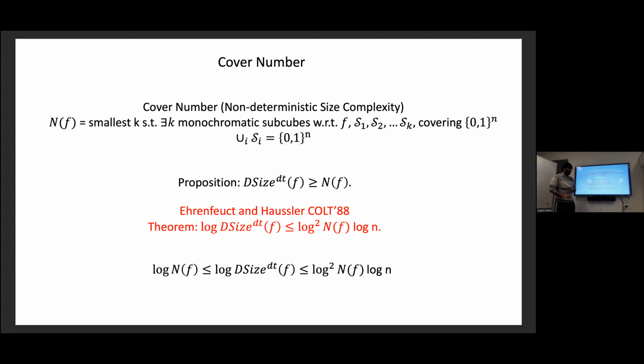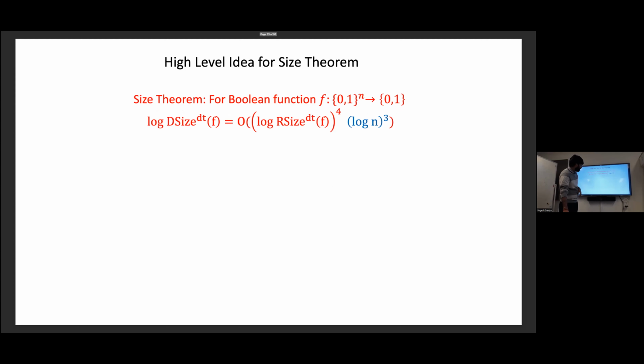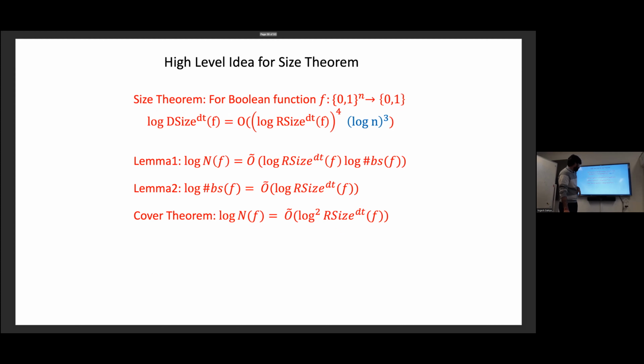And that's exactly what we've shown. We show that log of cover number to the power 1 by 2 is a lower bound on the log of randomized size. We prove this in two steps.